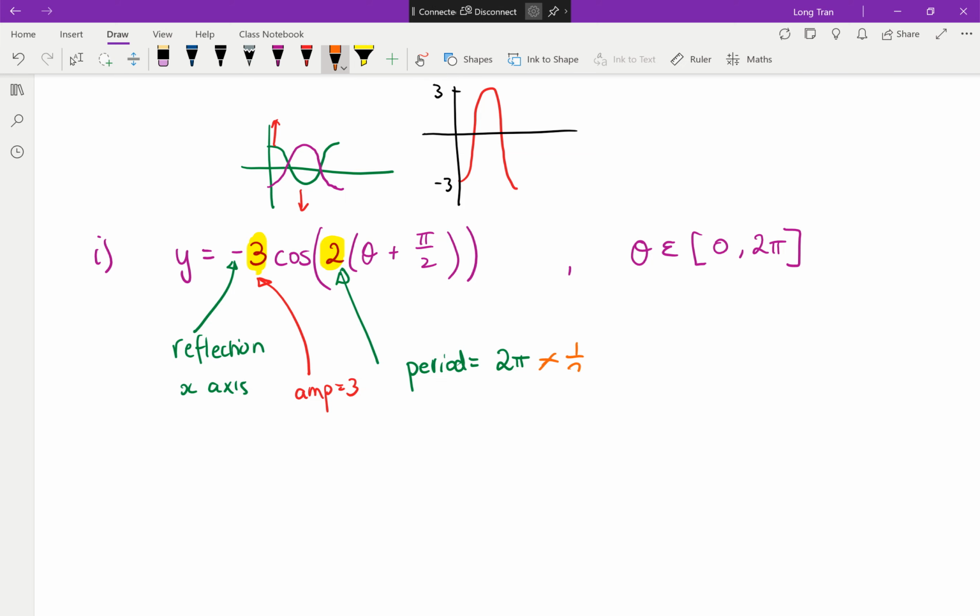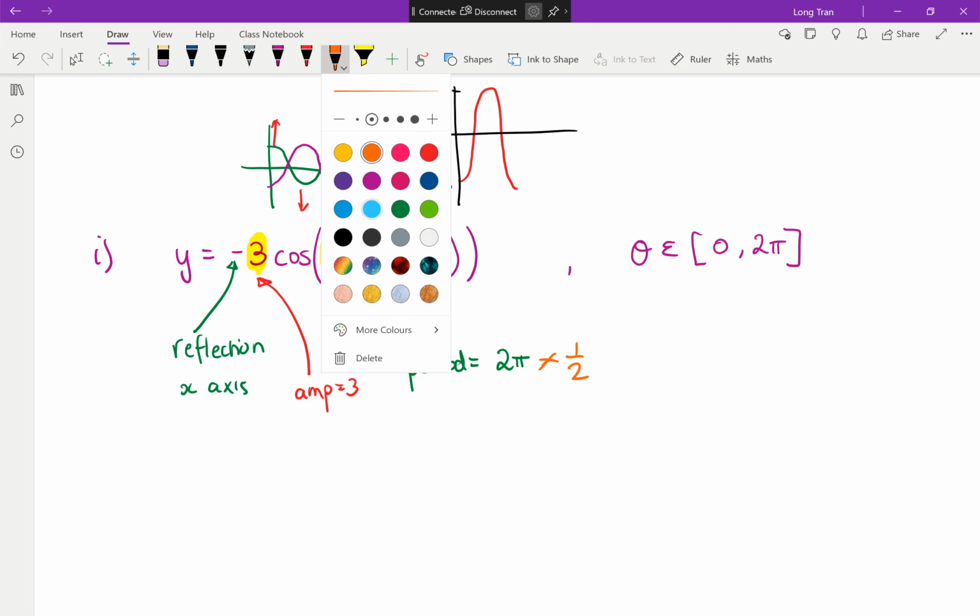Until you learn the transformations chapter, you might expect it to stretch horizontally by a factor of 2, but it actually becomes the reverse. If you put a 2 there, it halves, so it compresses the graph smaller rather than stretching it wider. So the 2 pi, which is normally this length, is now compressed by half. That's why the period now becomes pi.